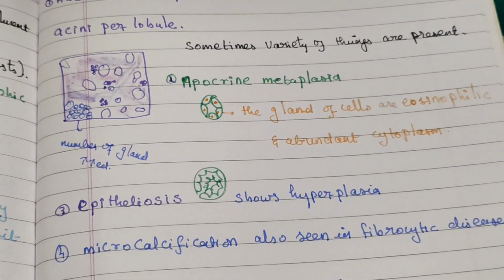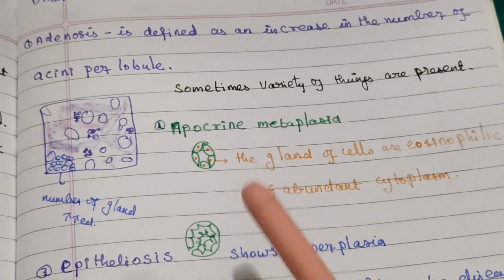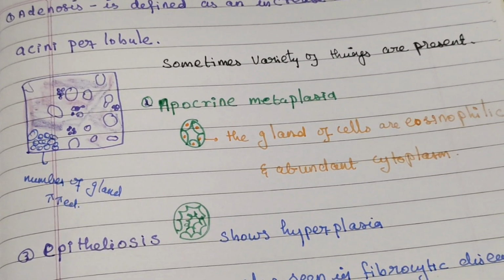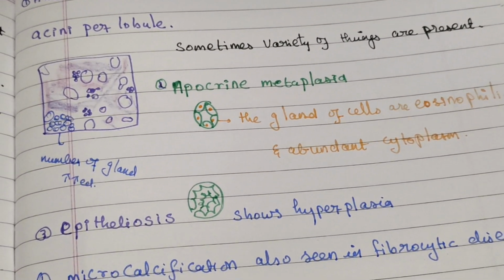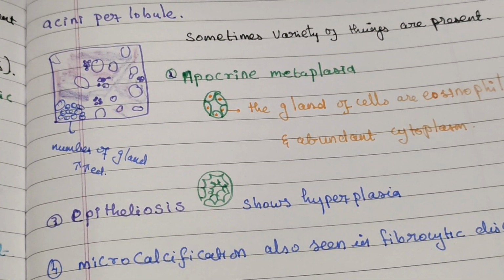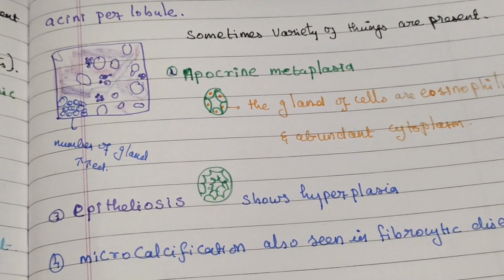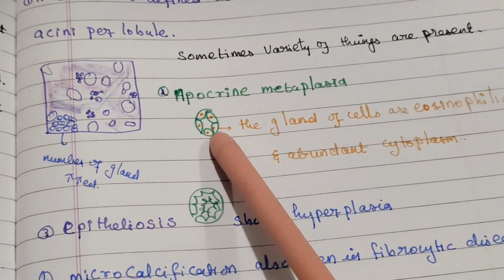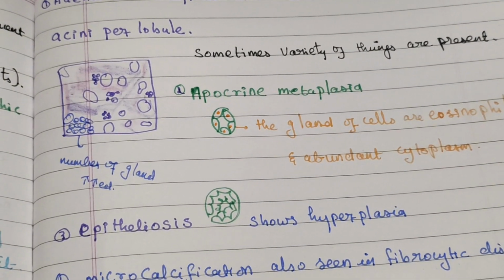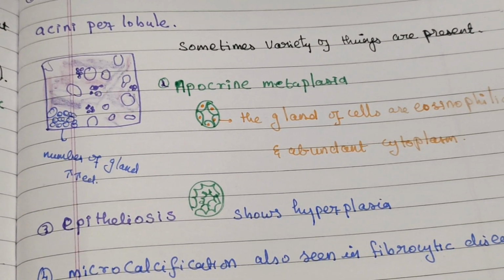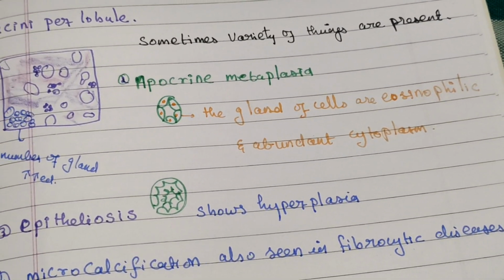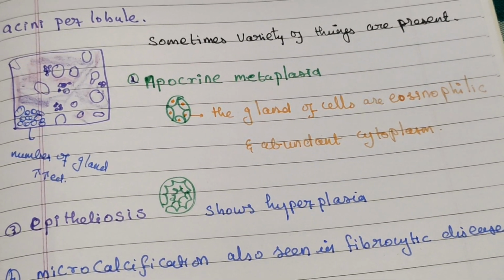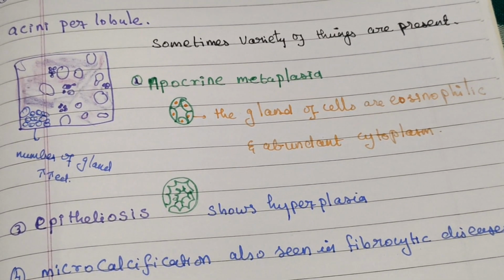Then you can see apocrine metaplasia. The cells of this gland are very eosinophilic and have abundant cytoplasm.